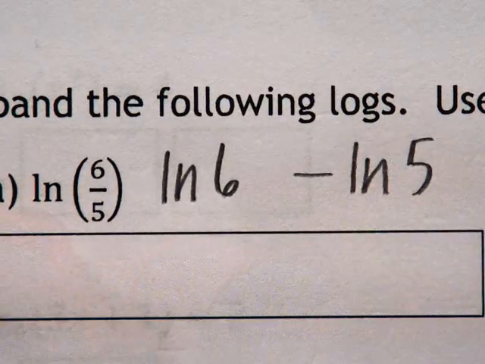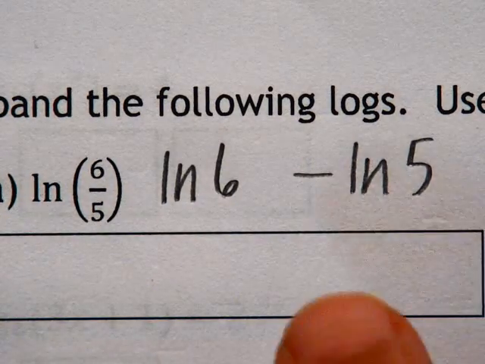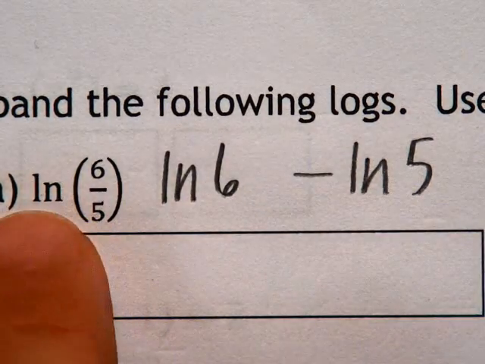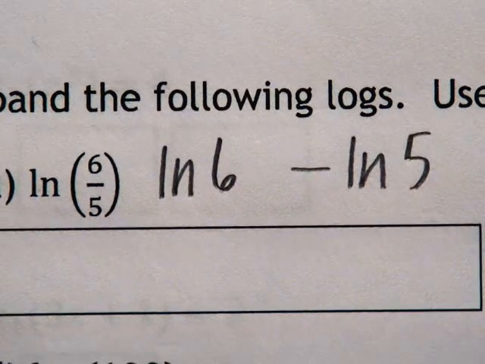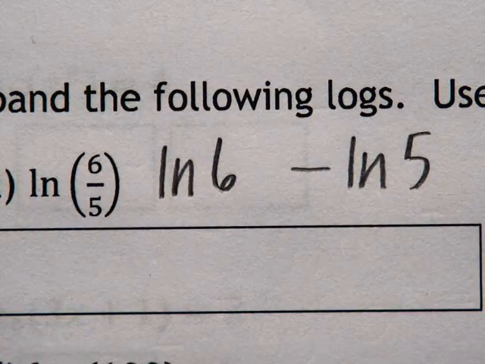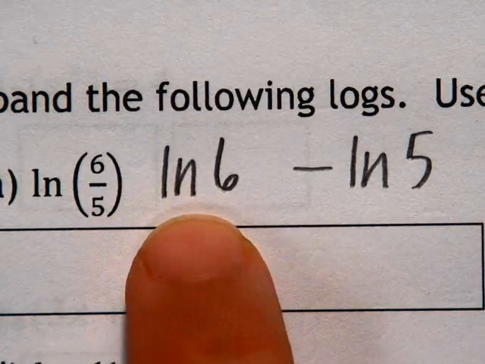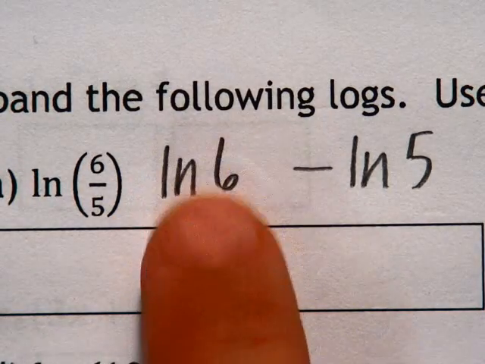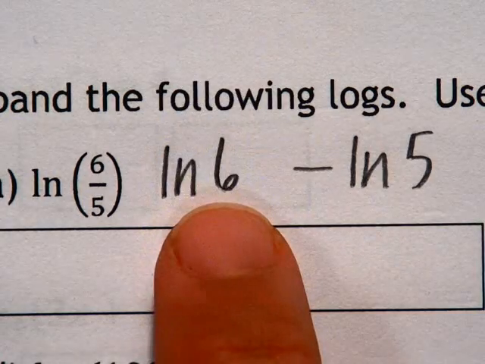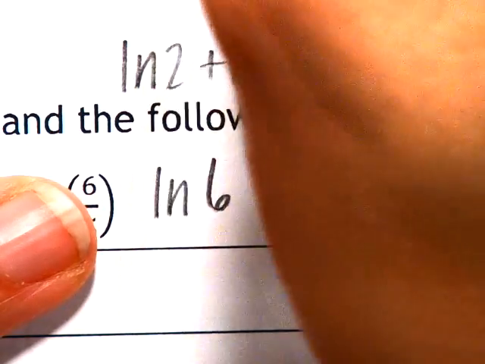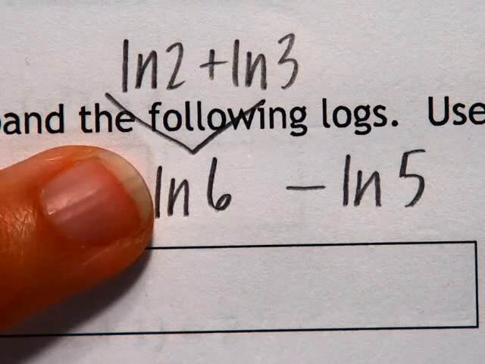Now this is technically an expansion because you now have more logs than you started with. You started with one single log, now you have two. If you can challenge yourself to go further, it's always a good idea to challenge yourself in that way. Like, look at ln6. Natural log of 6 there could have broken down. I mean, maybe we had two separate logs that merged together as ln2 plus ln3 that together made ln6.